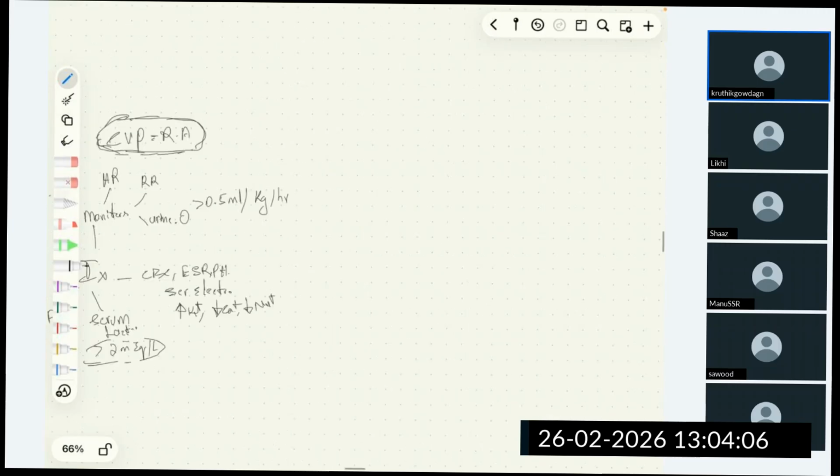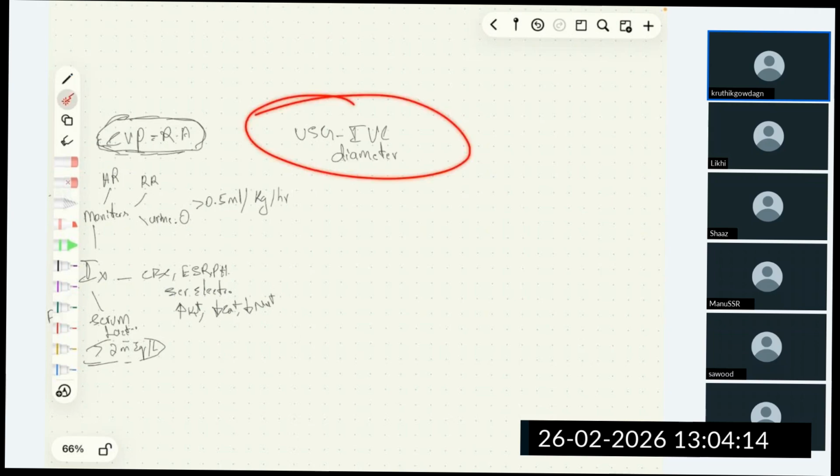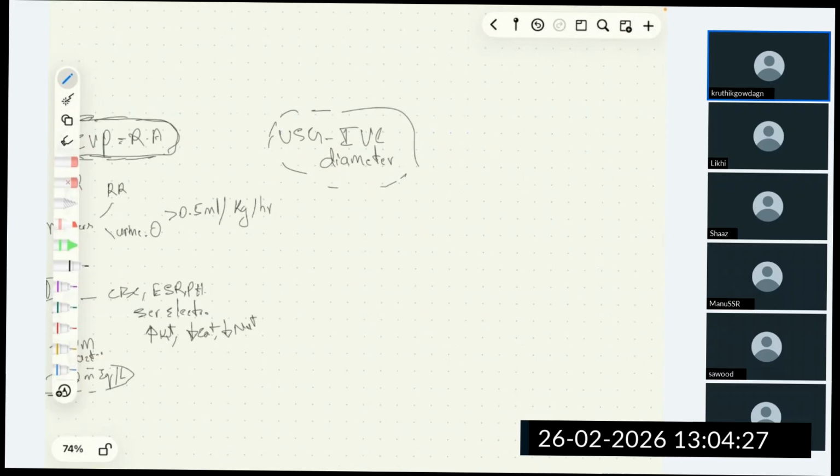And another most important investigation is USG assessment of IVC diameter. Please note these points, because IVC diameter estimation is done in many conditions, in dehydration treatment in pediatrics, in this one, and it comes many times while studying.